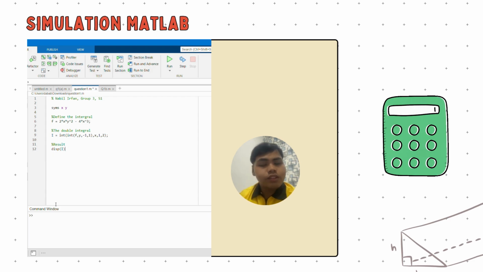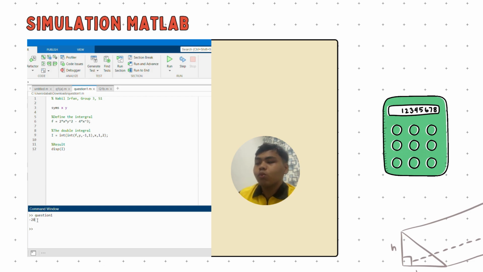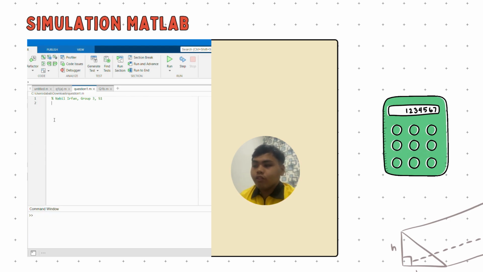For the last step, we put the result, which is disp in bracket I, which will display the operation I from the line before. Then we click run, and we will get the answer down below, negative 28.